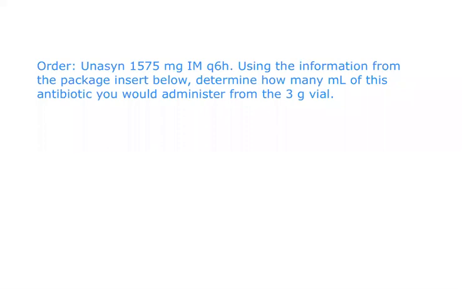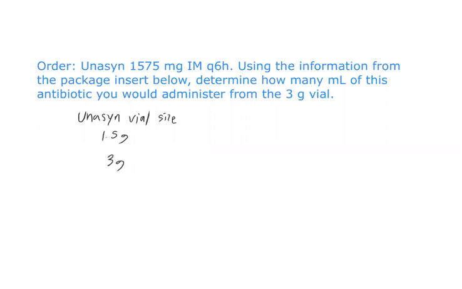All right. For this question, I'll just write it out because I felt like that was helpful before. You have a Unasyn vial, and you have 2 vial sizes: a 1.5 grams and a 3 grams.